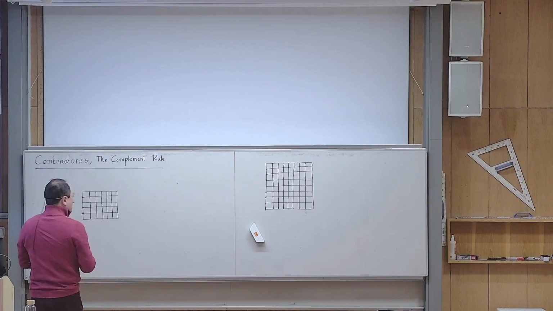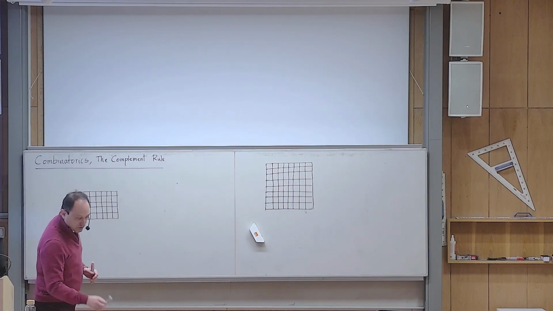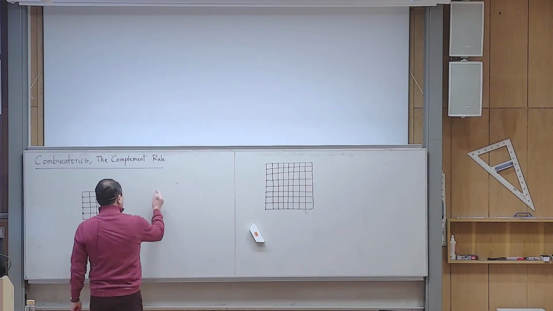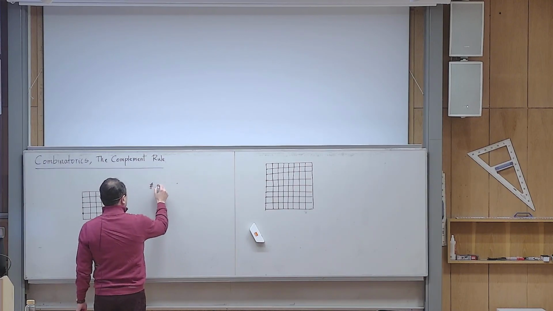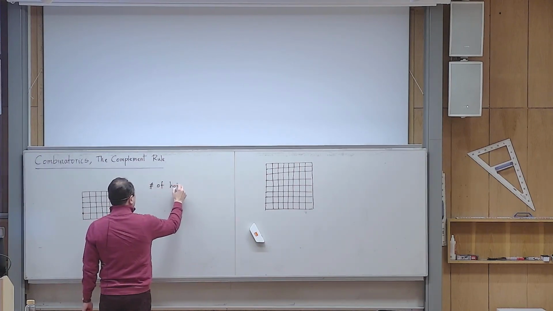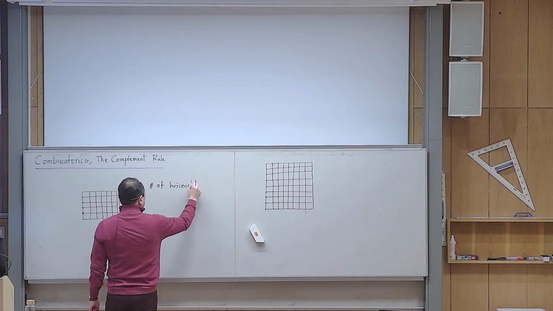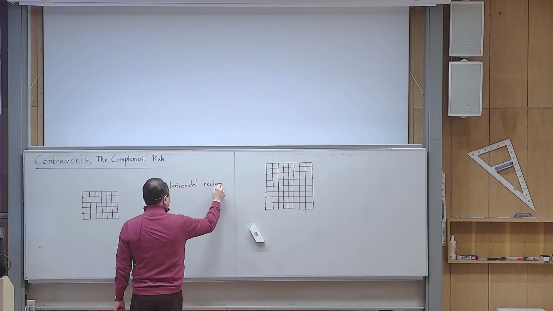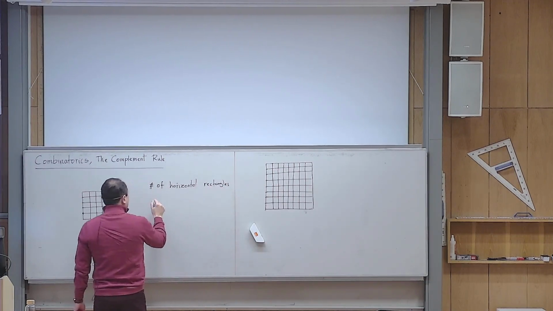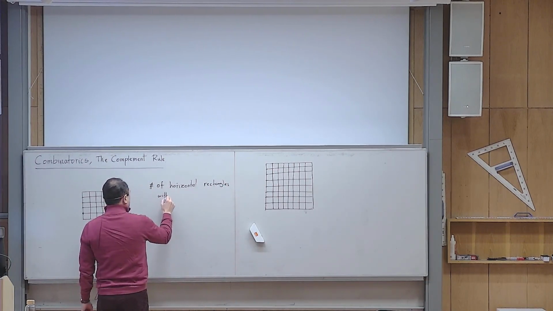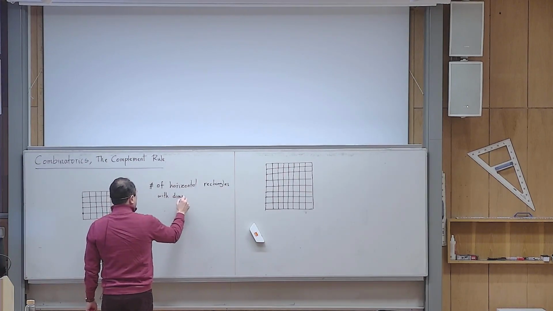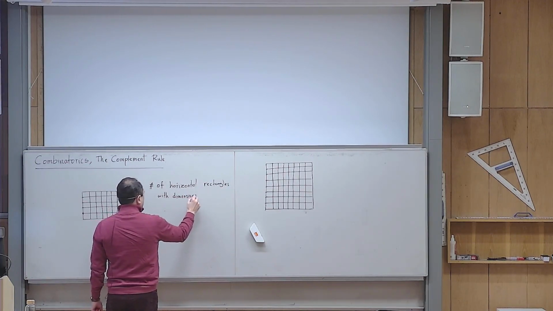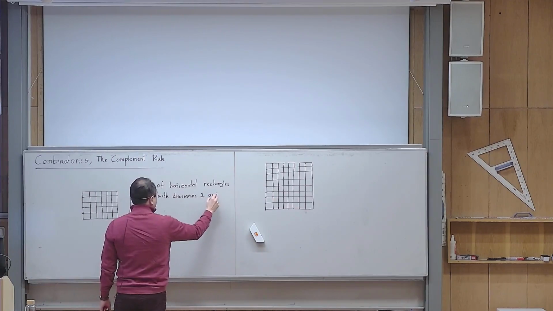So first of all, let us understand how many horizontal rectangles with dimensions 2 and 3 there are. Let me write that down.